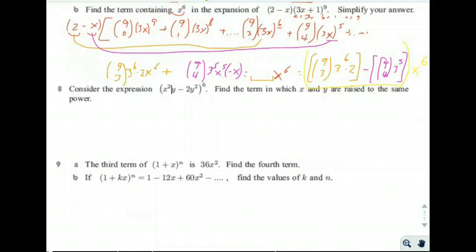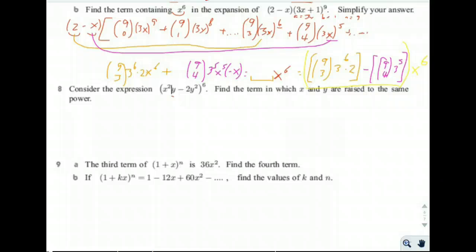Consider the expression x squared y minus 2y squared to the sixth. Please excuse that line there, it's just the mouse, okay? Find the term in which x and y are raised to the same power.